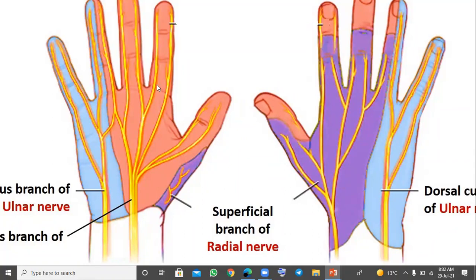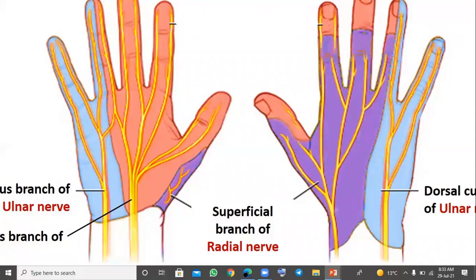When it comes to the palmar aspect, the first, second, third, and the lateral half of the 4th digit is innervated by the median nerve. Then the medial aspect, the little finger and the medial half of the 4th digit, is innervated by the ulnar nerve. So that's on the palmar aspect.